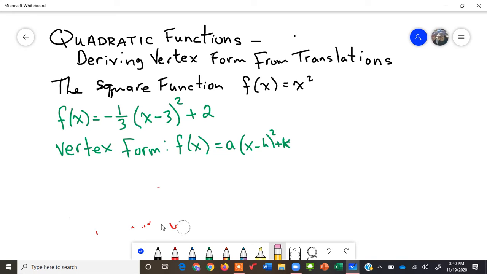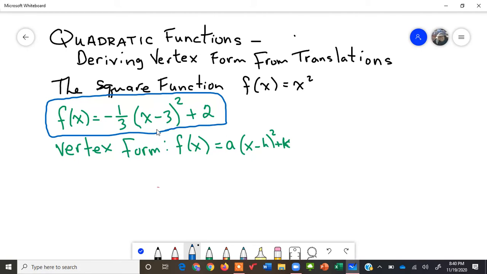But if we were given the function first, f of x equals negative 1/3 times the quantity x minus 3 squared plus 2, we would immediately have seen that the vertex was the point (3, 2).